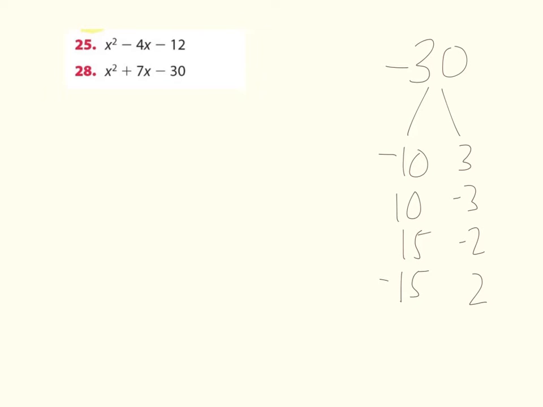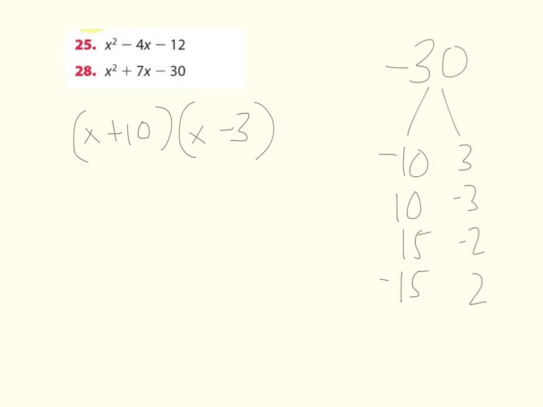Straight away I can nearly see the two that add to give the middle term plus 7, and that is 10 and minus 3. So I put in my brackets, x plus 10 and x minus 3.